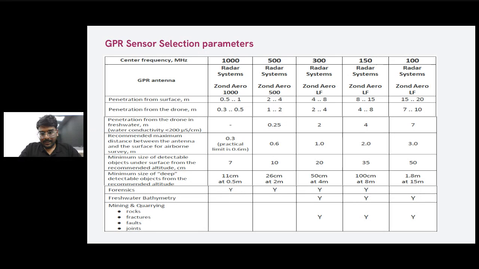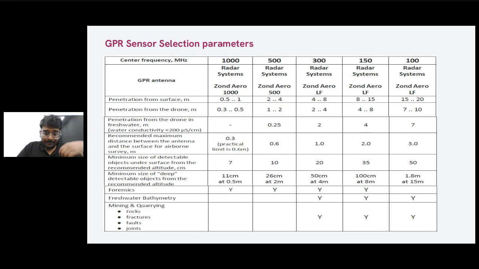Then come the three low frequency dipoles of the Sound Aero LF model: the 300, 150, and 100. All of those have larger penetration depth, and the minimum size of the detectable objects by these sensors is also larger.